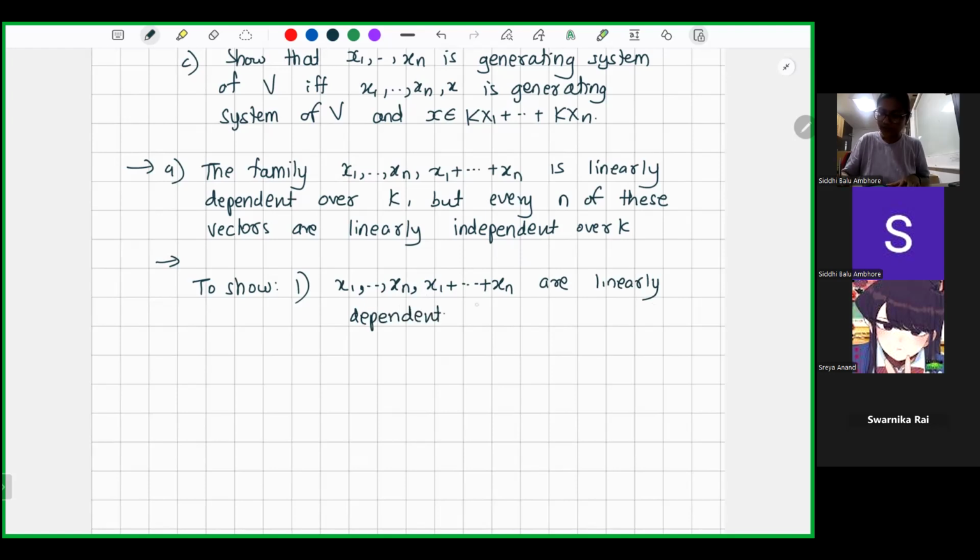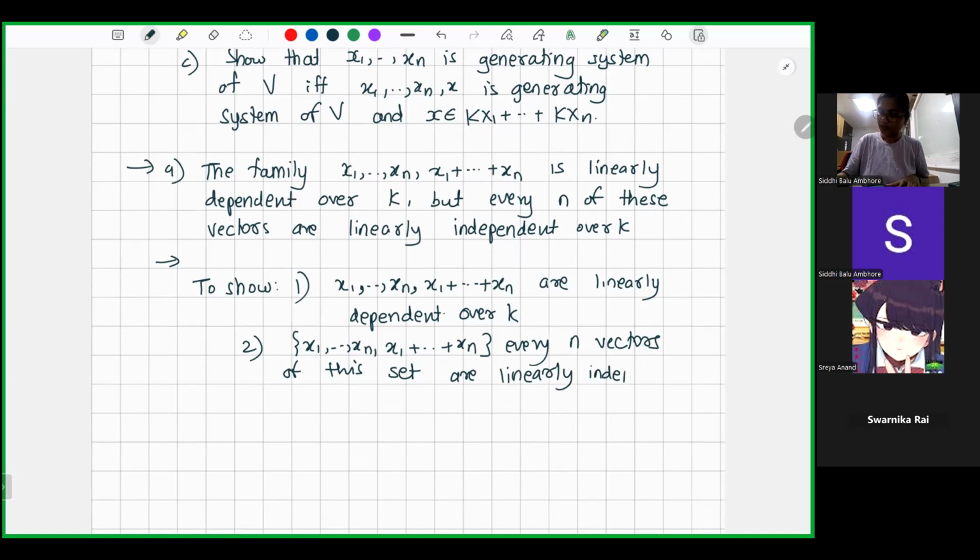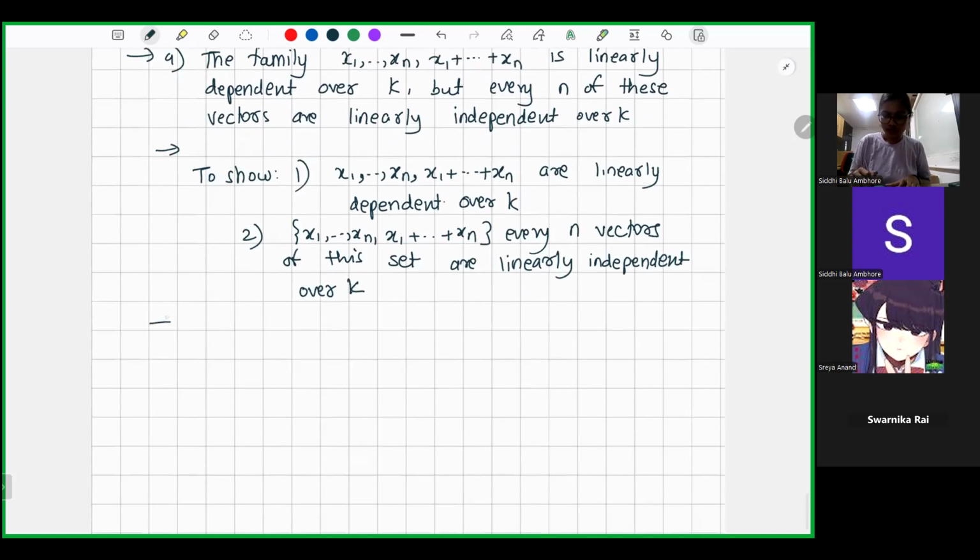I will tell you what linearly dependent means over K. And secondly, that every n elements of this set, let me write vectors, are linearly independent over K. Okay, so these are my questions.